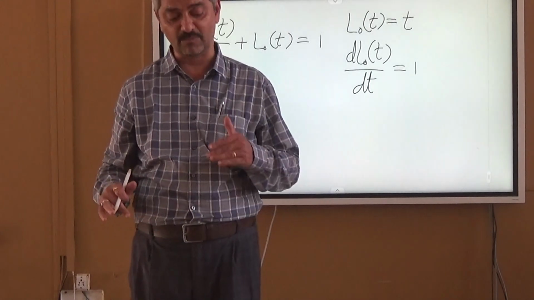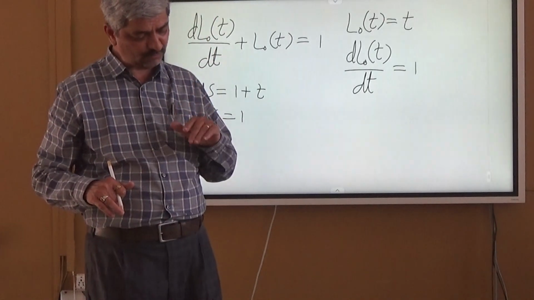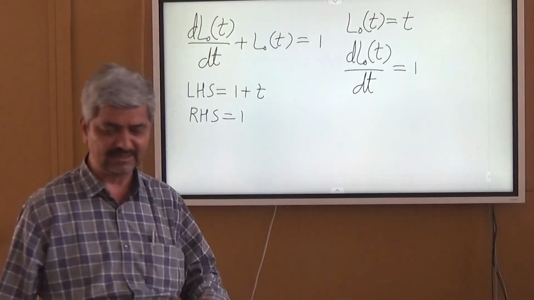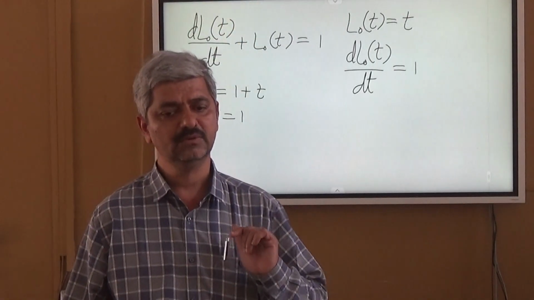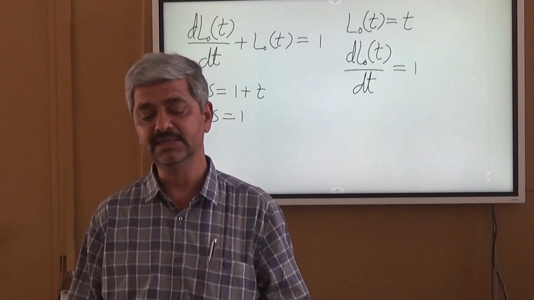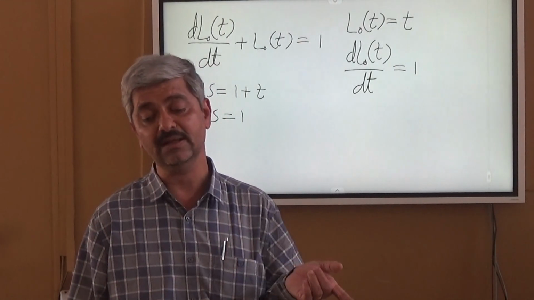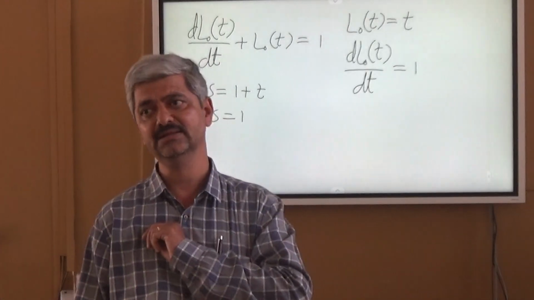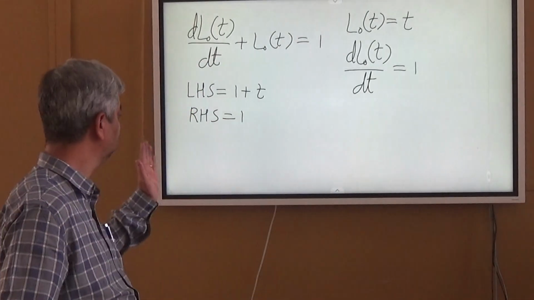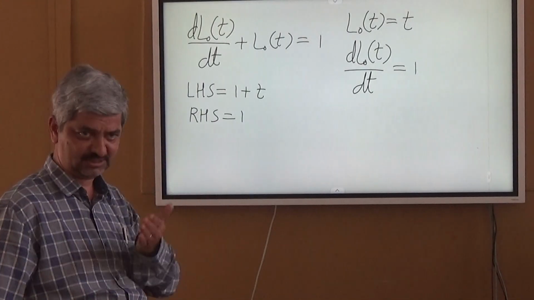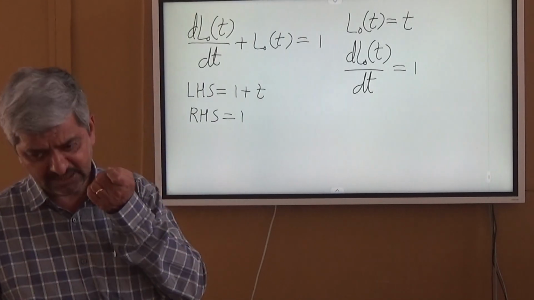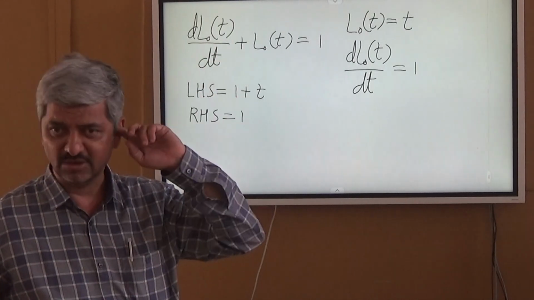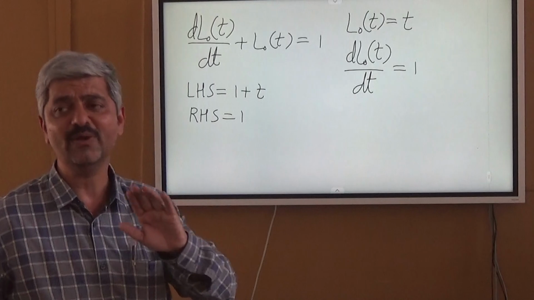But when we come to the conclusion that this is not the answer, in what way it is away from the correct answer, that we also need to think of. So what we find is that LHS is always more than RHS. Just at t equal to 0 both are the same, but after that LHS is more.